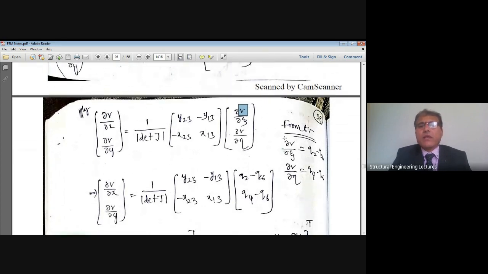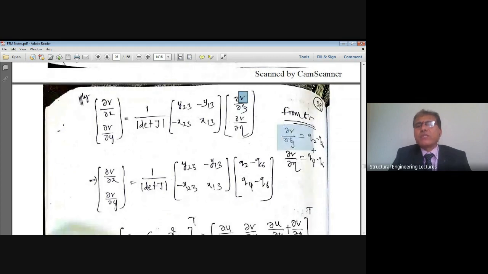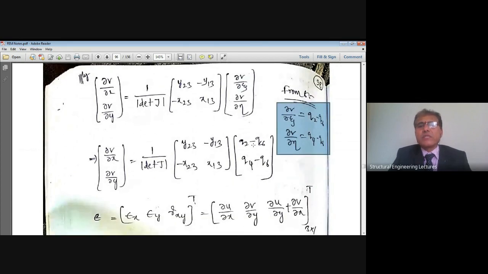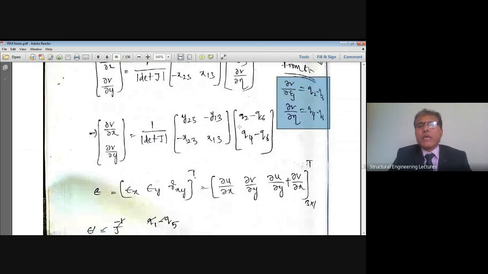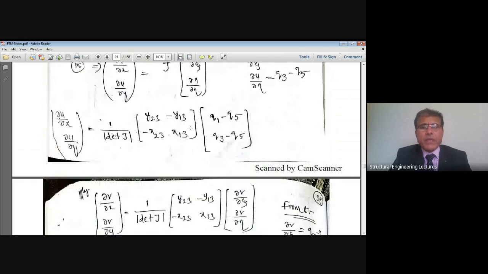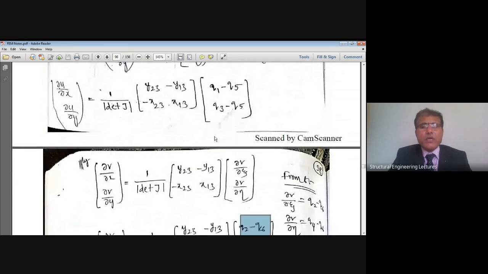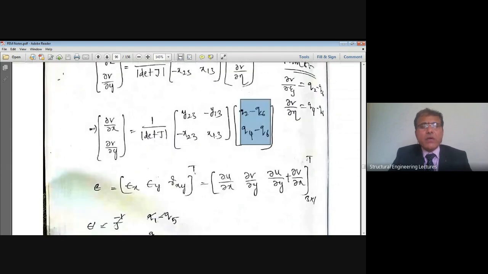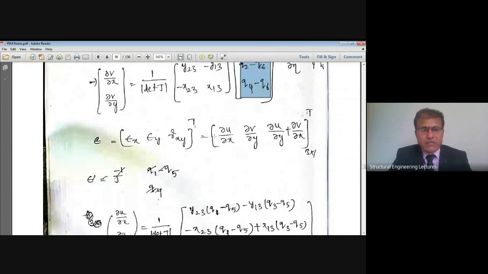That's all, right? But we already know that dou v by dou xi is nothing but q2 minus q6, and similarly dou v by dou eta is nothing but q4 minus q6. Therefore, substituting both of these, I now have two simultaneous equations. Now these are two simultaneous equations, and these are two more equations. I have in total 1, 2, 3, 4 equations given by these two vectors.